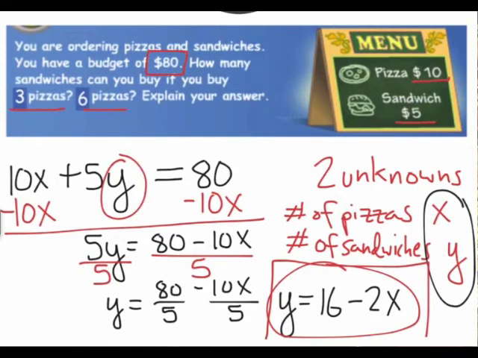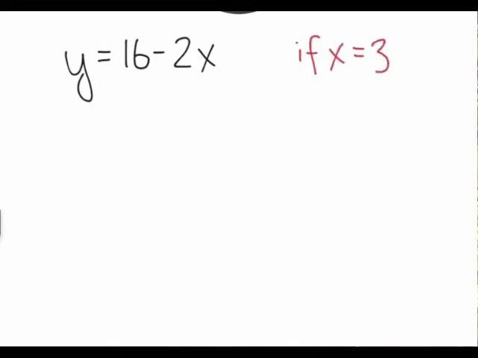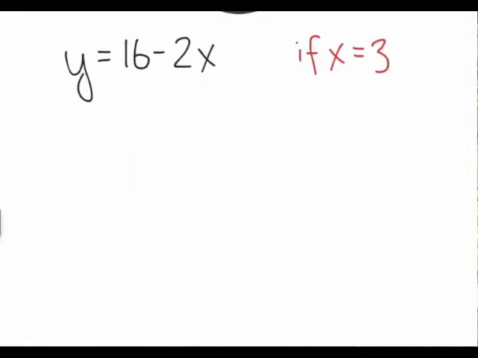Now, let's use this equation to answer the question. If we have 3 pizzas, how many sandwiches can we buy? Well, I'm going to go to a new slide over here. y equals 16 minus 2x. So what we're saying is, if x equals 3, so if we buy 3 pizzas, then let's simply plug in 3 for x.